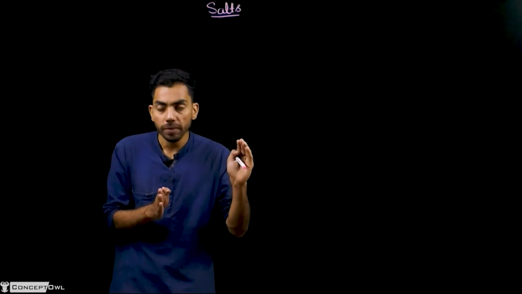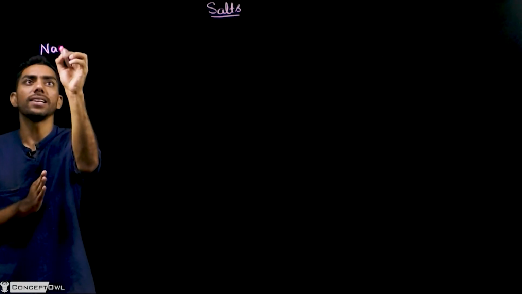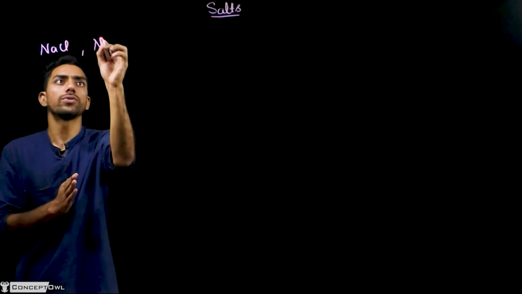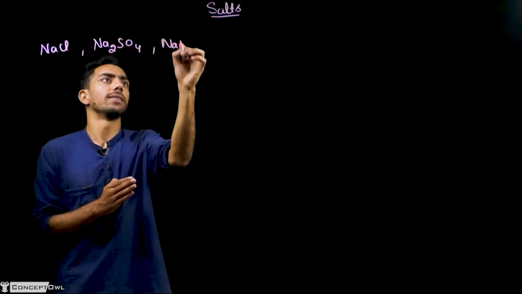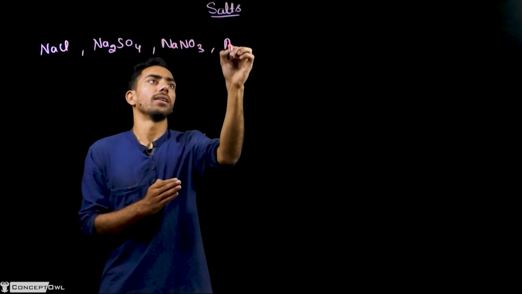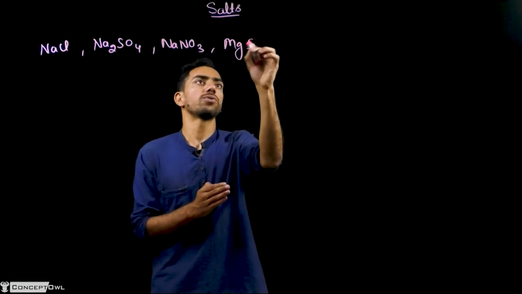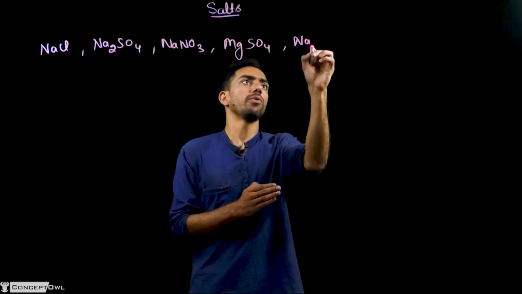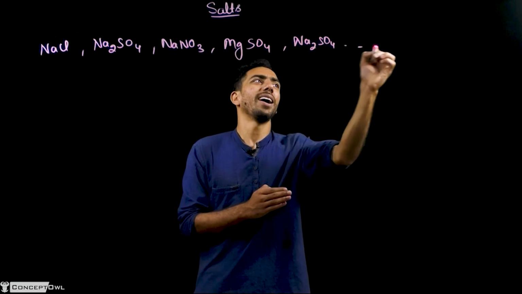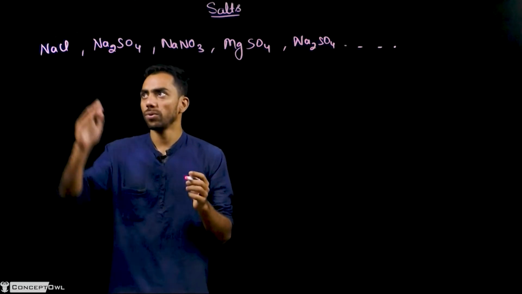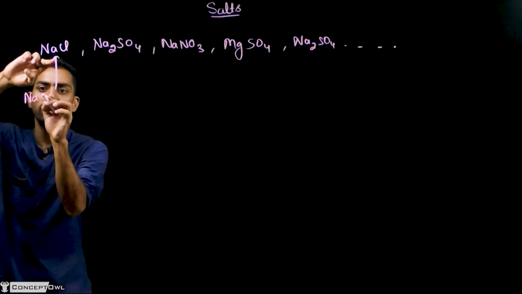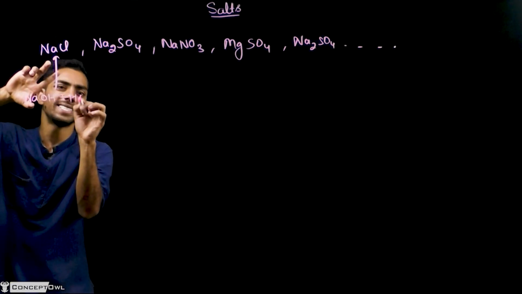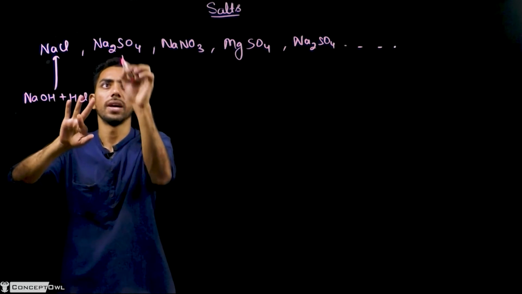Is this clear? For example, NaCl, Na2SO4, NaNO3, MgSO4, and so many more. If I have to explain, NaCl is coming from the NaOH plus HCl reaction, an acid and base reaction.